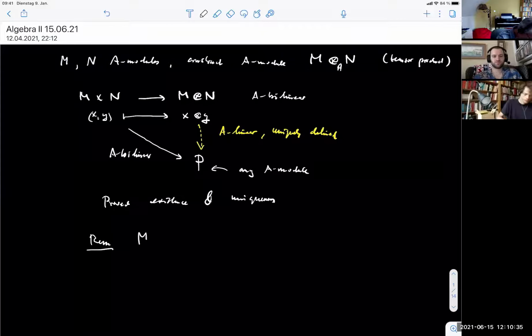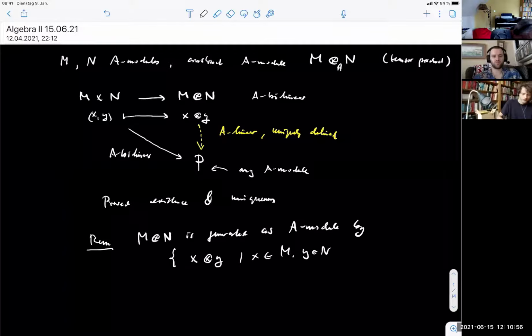I can write it this way: M tensor N is generated as an A module by this set of tensor products. So this means every element of M tensor N is a finite A-linear combination of such things.